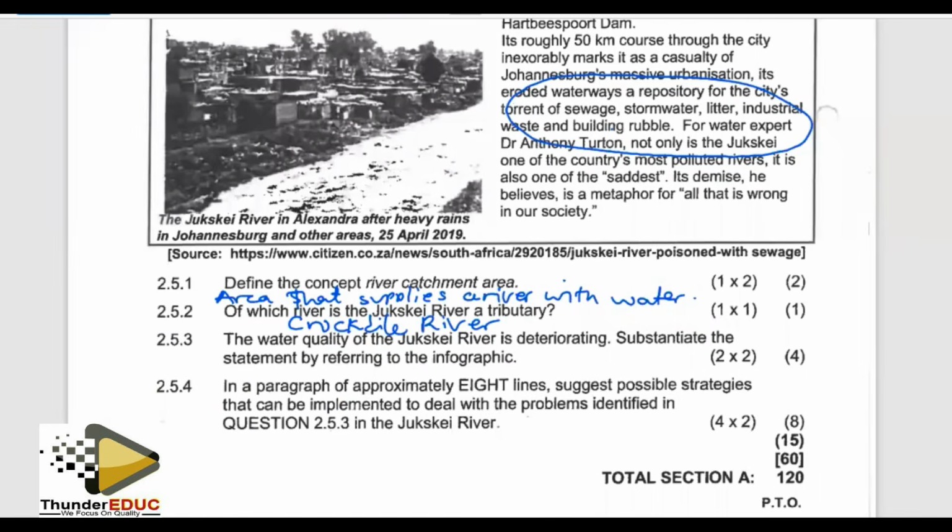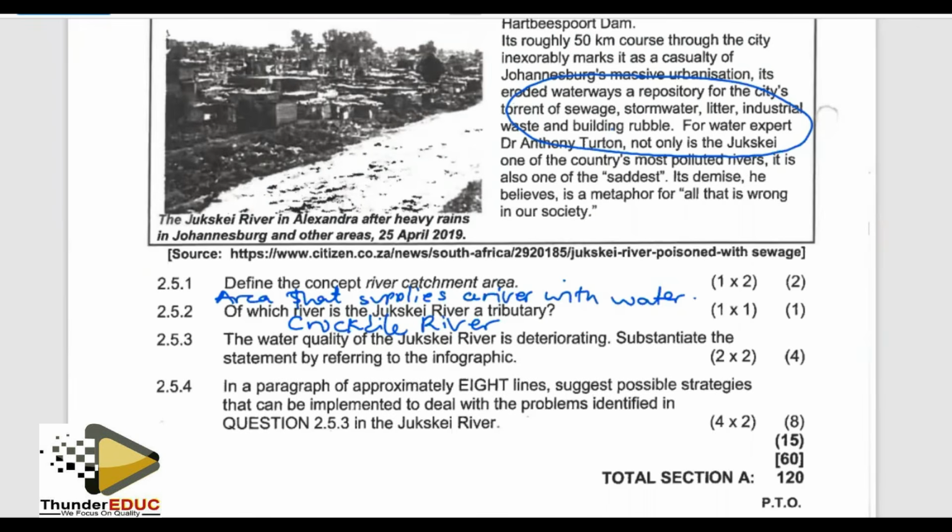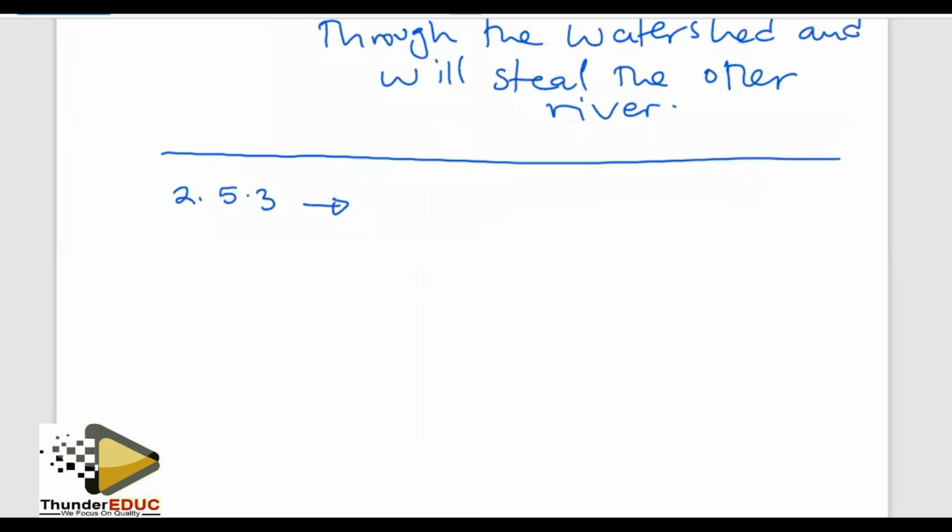Testing one, two. All right, it's back. So 2.5.3. The water quality of Jaskai is deteriorating. Substantiate the statement by referring to the infographic. Okay, let's go back to 2.5.3. Remember, we had identified the torrent of sewage.